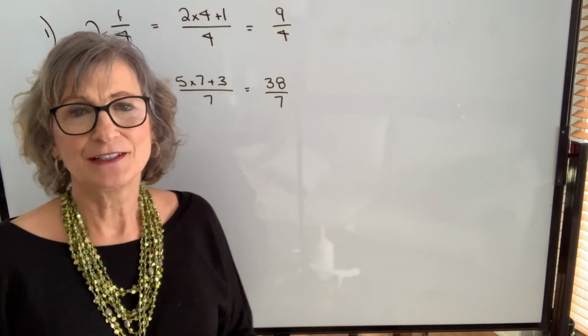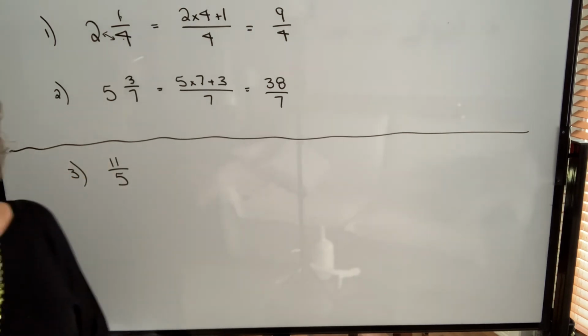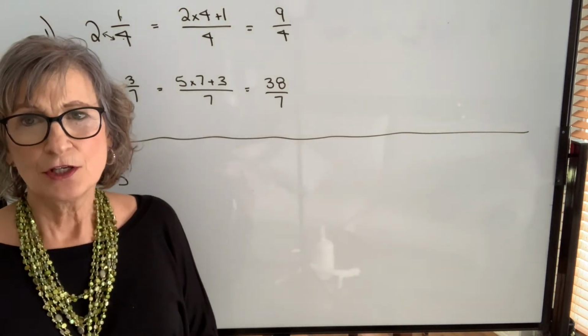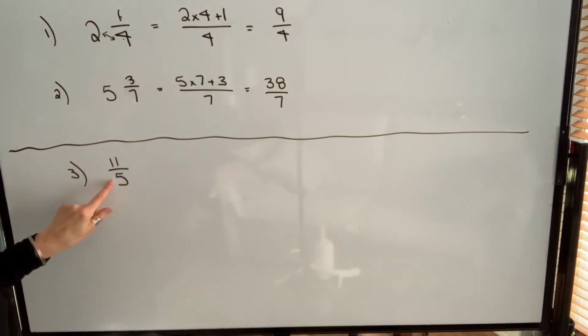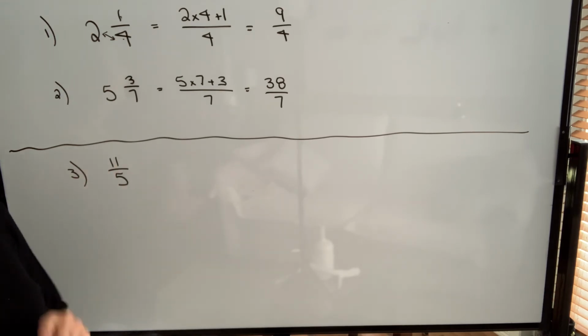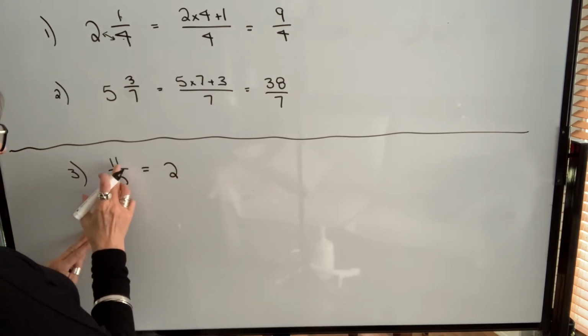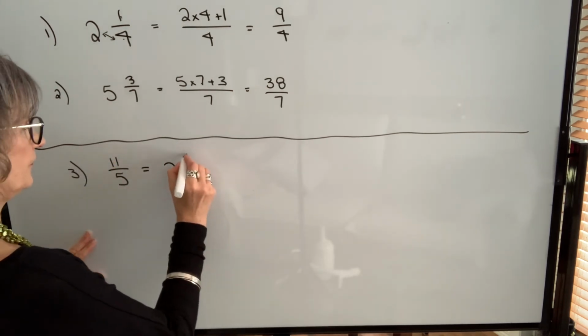Let's go the other way. If you had an improper fraction, 11/5, and you want to change that to a mixed number, you find out how many times the denominator goes into the numerator. 5 goes into 11 2 times, with a remainder of 1.